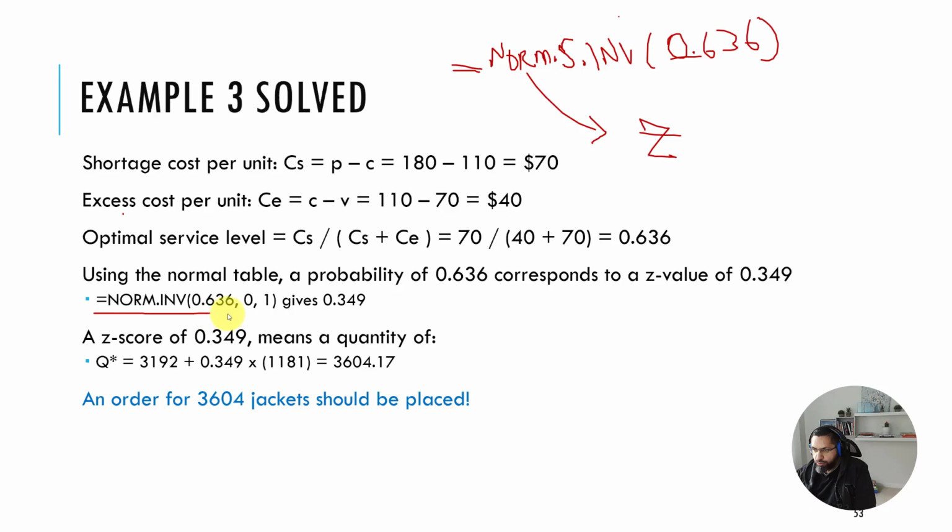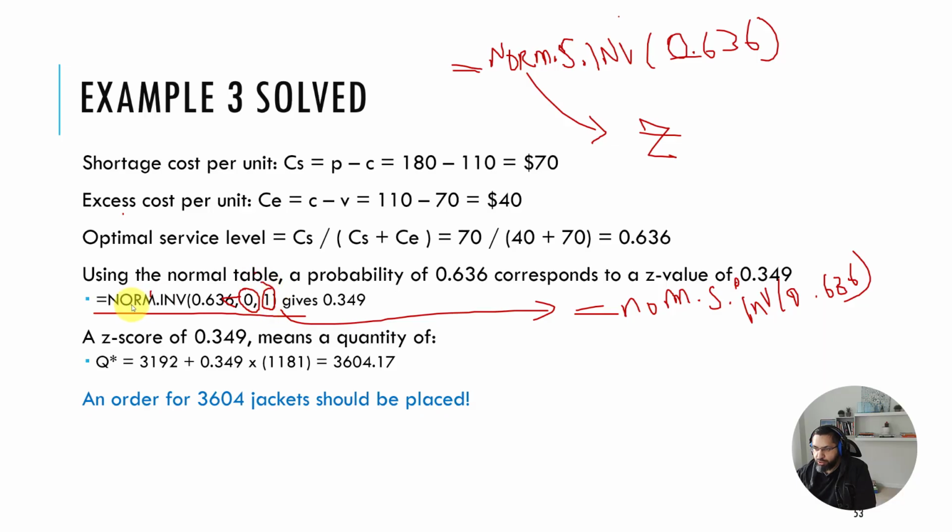This exact same thing can be done with this formula, because this is equivalent to equals NORM.S.INV of 0.636. When you specify a mean of 0 and a standard deviation of 1 in a NORM.INV formula, that's exactly equivalent to NORM.S.INV, because the S stands for standardized, which means mean 0 and standard deviation of 1.